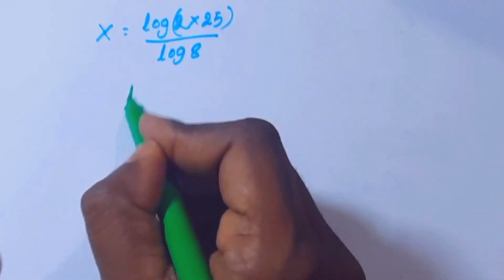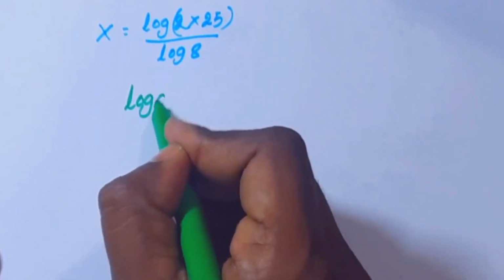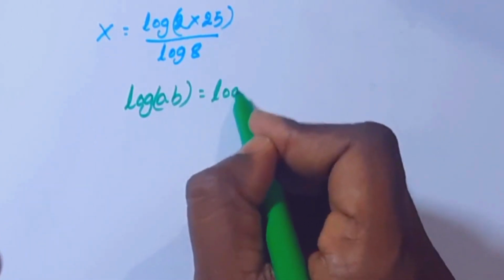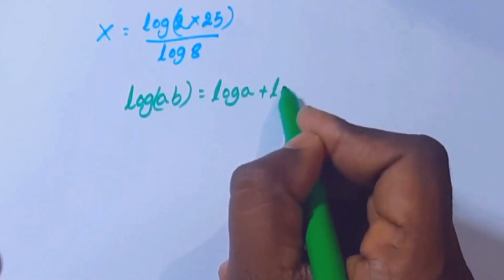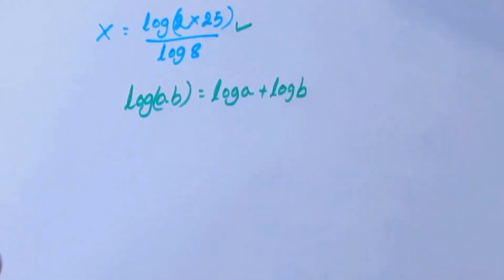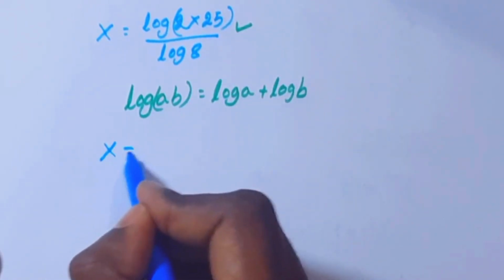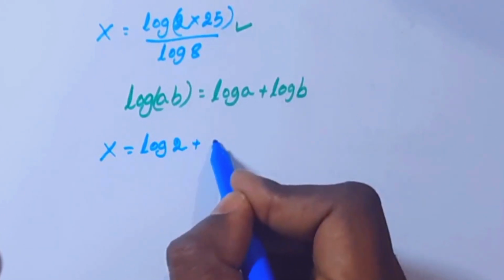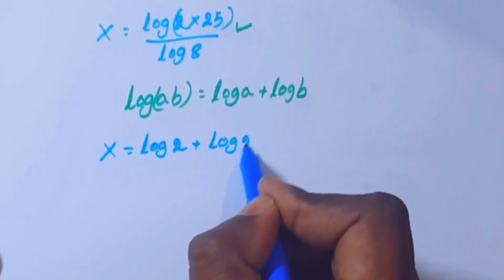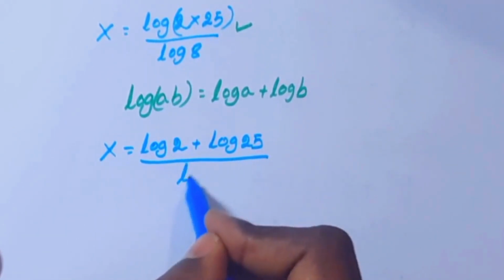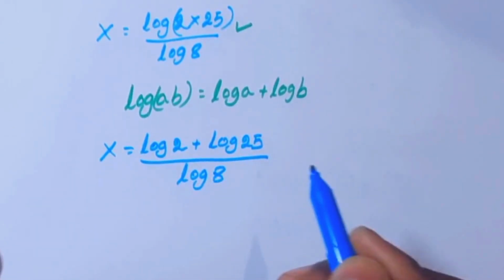Log product formula: log AB equal to log A plus log B. This we are going to apply here. x equal to log 2 plus log 25 by log 8.